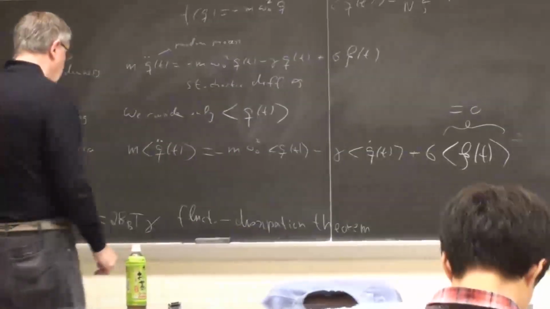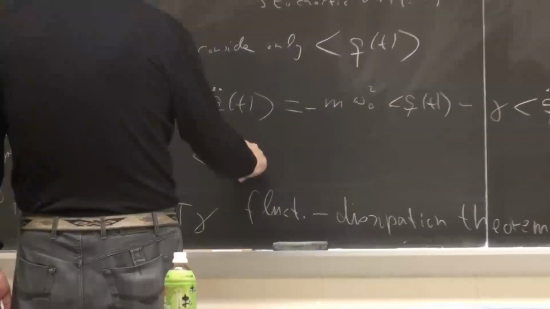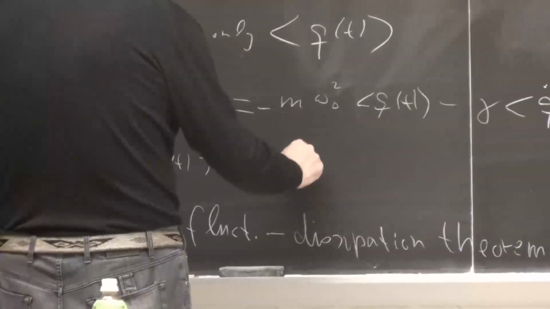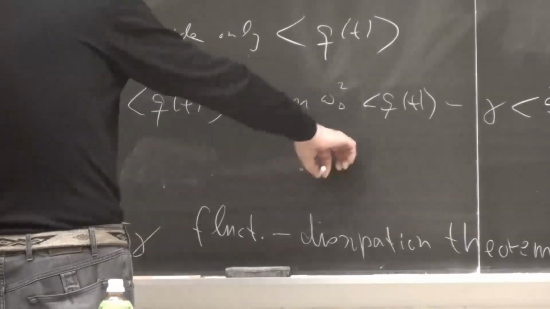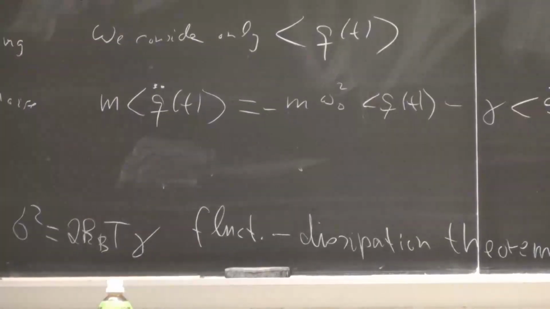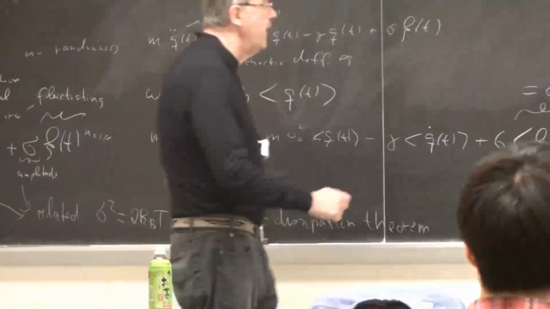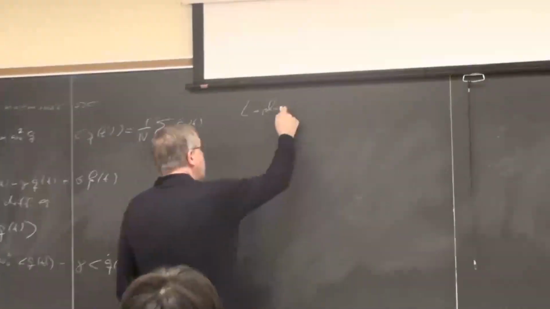And so then we have to solve the equation Q double dot of T is equal to minus omega 0 squared. Or maybe I just leave the m here. Okay, so now we want to solve it. And the way we solve it is that we make a Laplace transform.